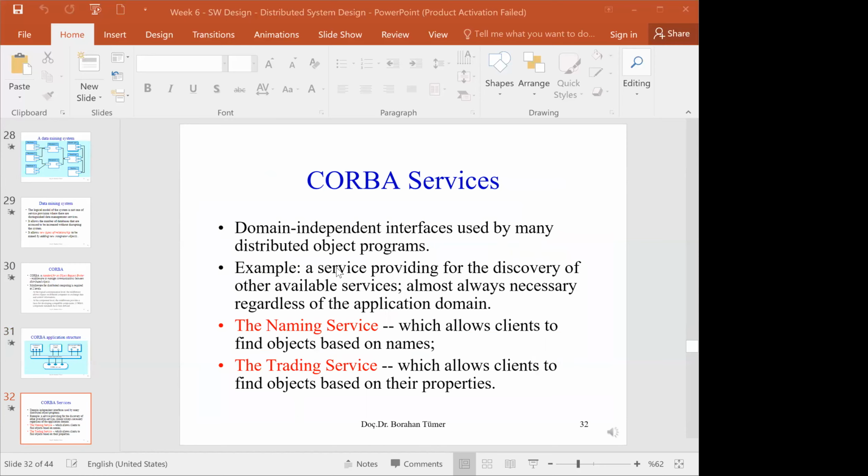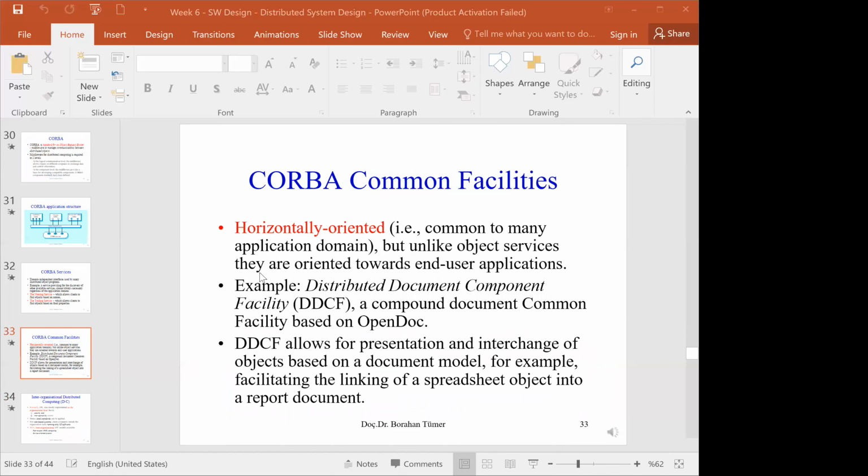Corba services are domain independent interfaces used by distributed object programs. An example is a service providing for the discovery of other available services, almost always necessary regardless of the application domain. The naming service is one, the trading service is another. Services which are common to many application domains we call horizontal Corba facilities.